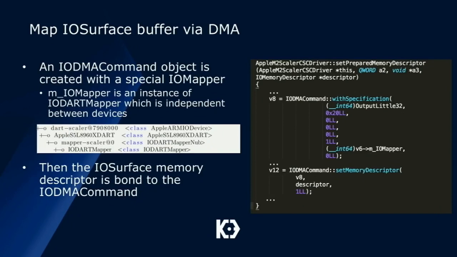And using a very basic iOS utility called IORegistry, you can find this mapper instance for the scalar. And then the IO surface memory descriptor will be bound to the IODMACommand.